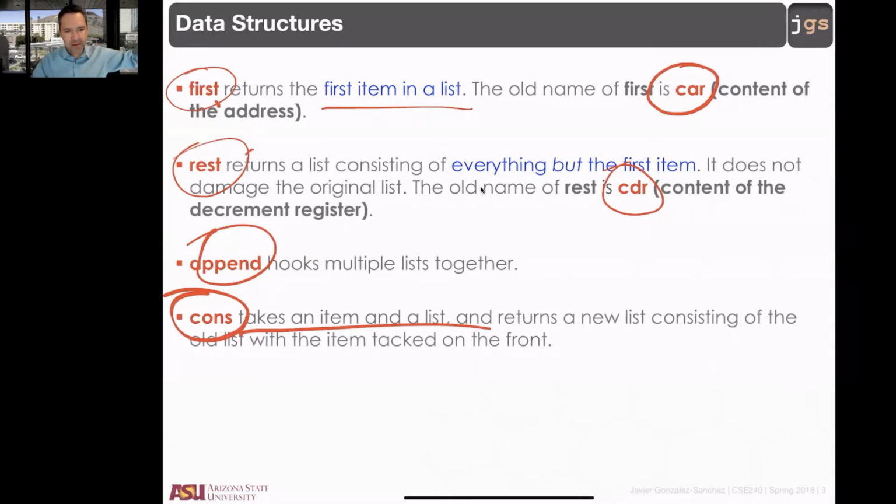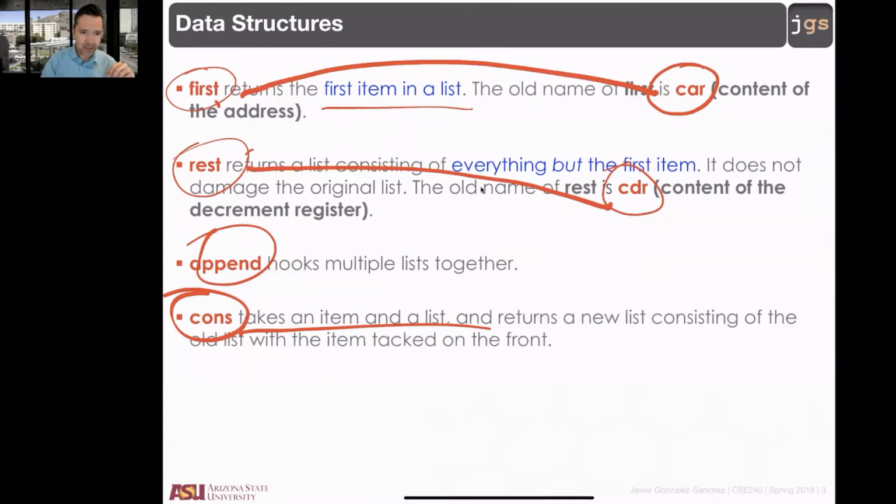Names from the 70s. CDR is rest, car is first. And you can use both usually in any interpreter. The interpreter still understands car, and what it does is get you the first element. The interpreter still understands CDR, and it's the same as rest. Both names, first and rest, I think are easy to remember. Car and CDR, well, you can get used to them.